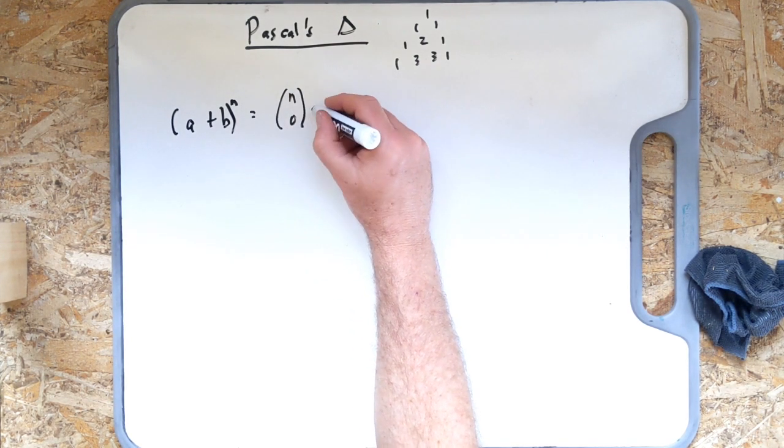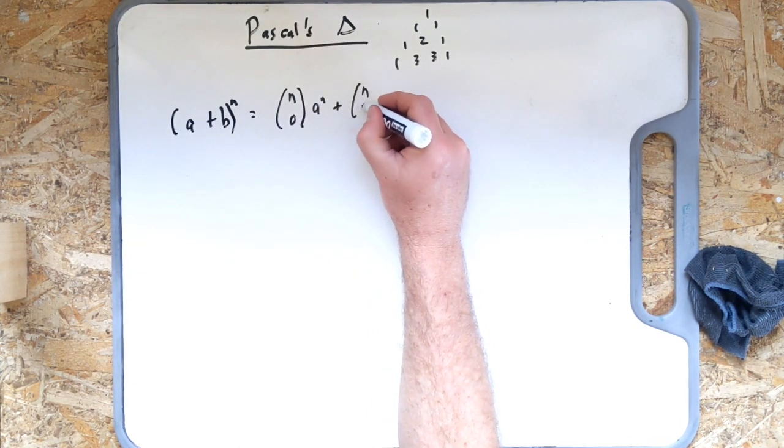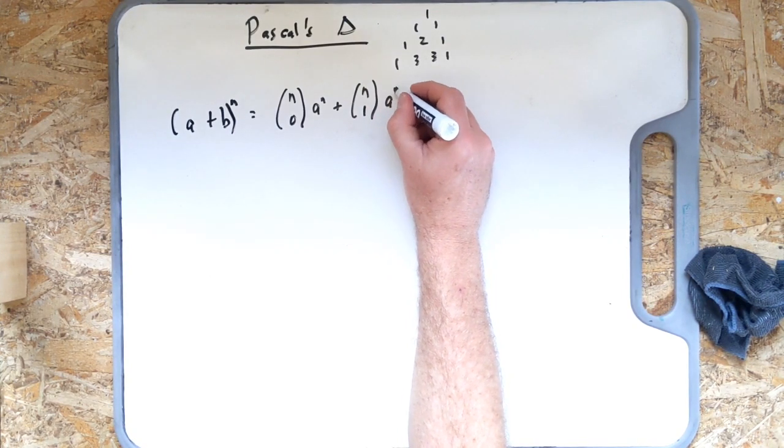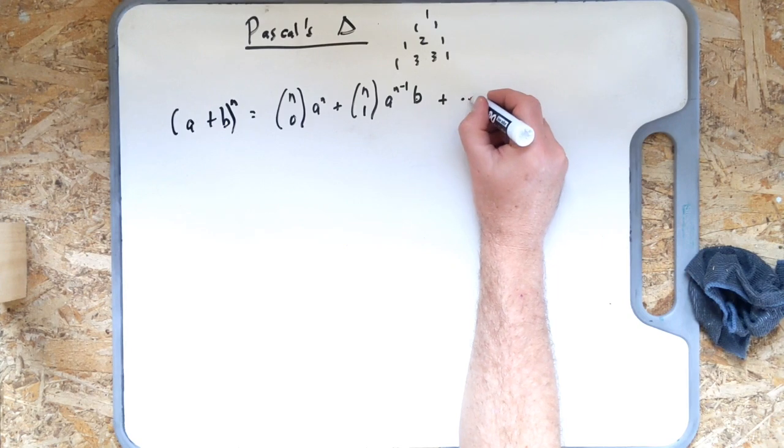Put in big parentheses n choose 0, a to the n, plus n choose 1, a to the n minus 1, b, plus dot, dot, dot.